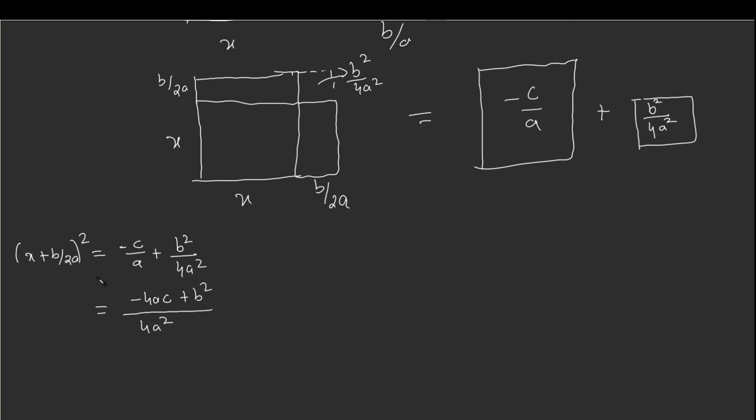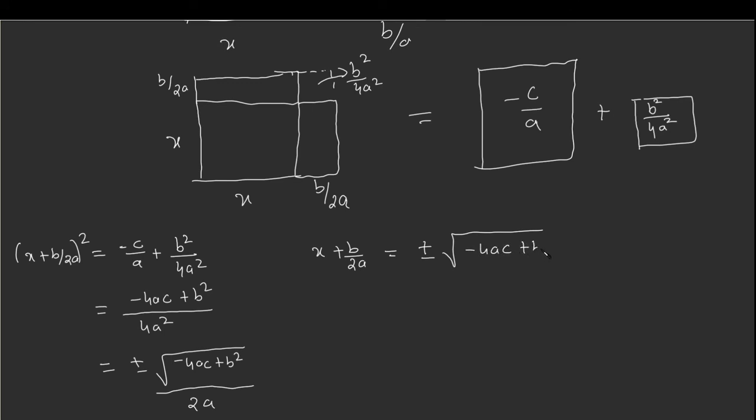Okay. Now if I take square root, what will I get? I will get plus or minus square root of b square minus 4ac divided by 2a, right? Now further this will become x plus b by 2a. I will write it again here completely, plus or minus square root of b square minus 4ac divided by 2a.